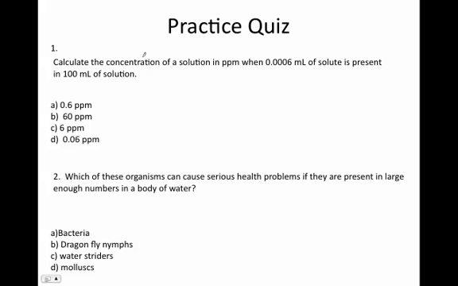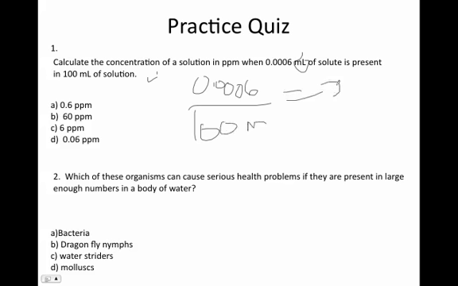Calculate the concentration from topic 4 of a solution in parts per million if you have 0.0006 over 100. Remember, if we have the same units, let's make a ratio: 0.0006 out of 100. If the units are the same on the top and bottom, how much is that over a million?